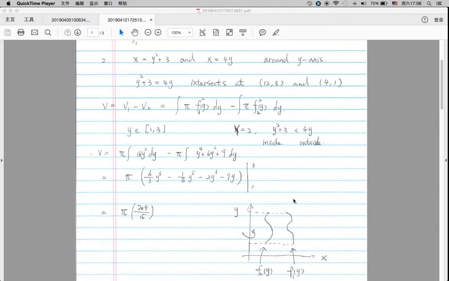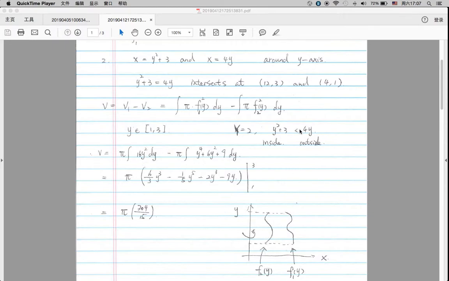So we can just substitute the two functions into f of y. Since y squared plus 3 is smaller than 4 multiplied by y, this function is the one that is inside, and this is outside.